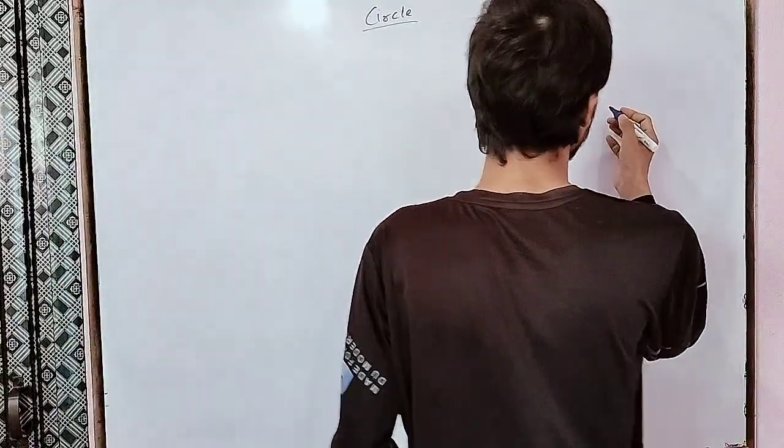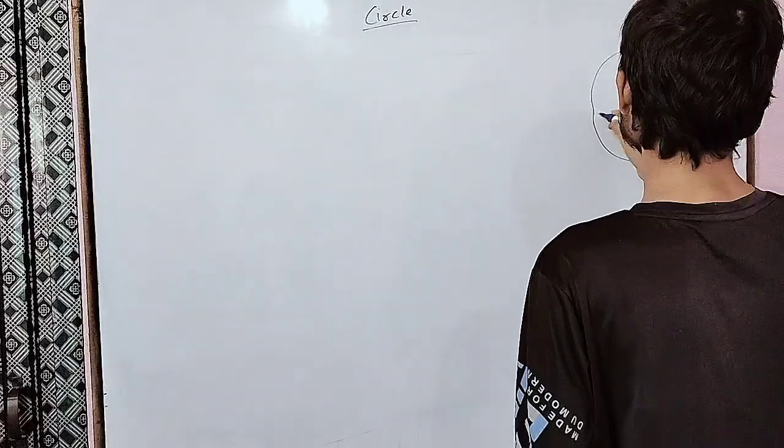Now, a diagram of a circle is given. It looks like this.